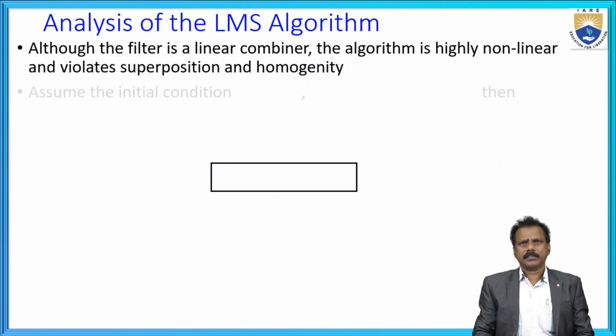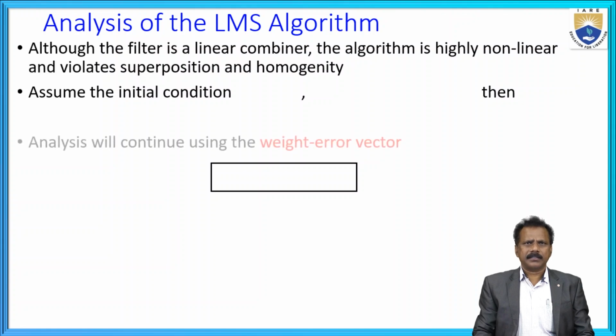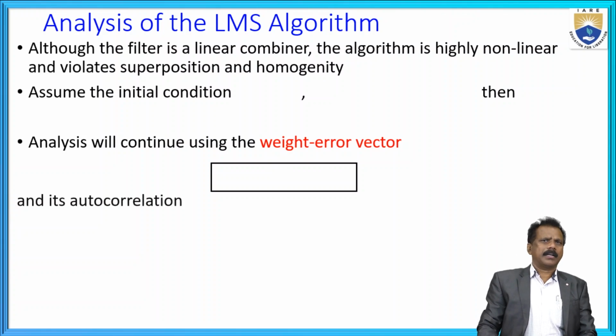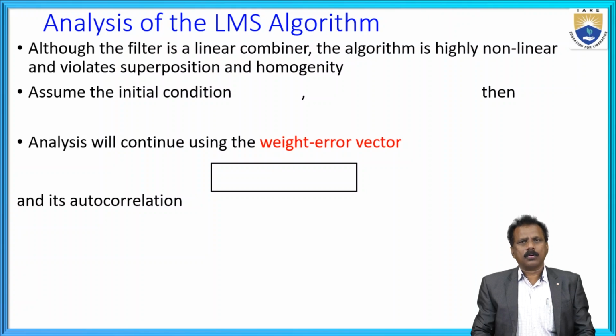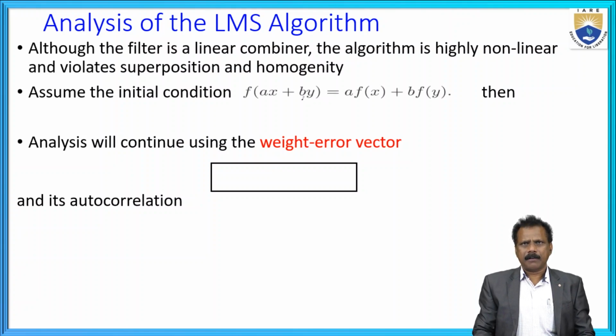This is the first analysis where you are using this one. Assume that the initial condition is so, or analyze continuously using the weight error vector, and how its autocorrelation effects are analyzed with this.